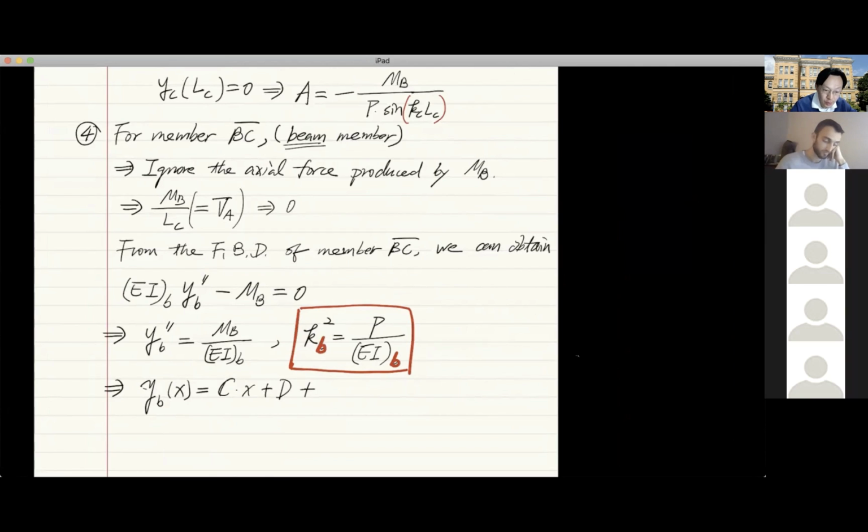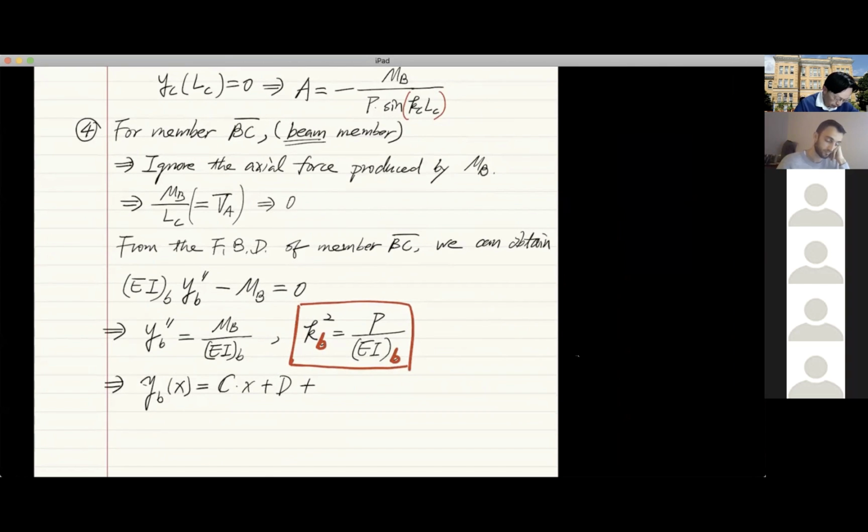Now, if you divide MB over EIB with KB squared, that leaves you only with this coefficient P. So this part, the constant term, will become just MB over P. Actually, let me rewrite it, because I should start with the first order term.